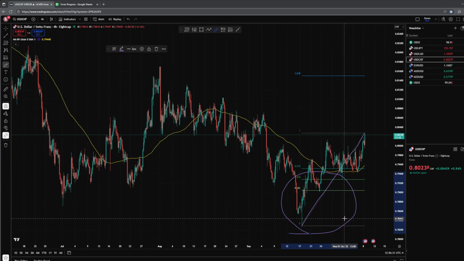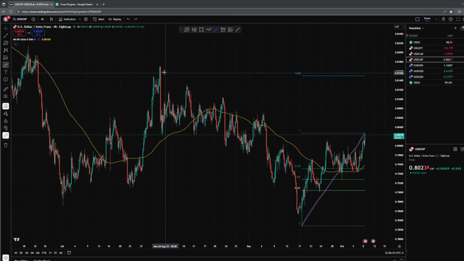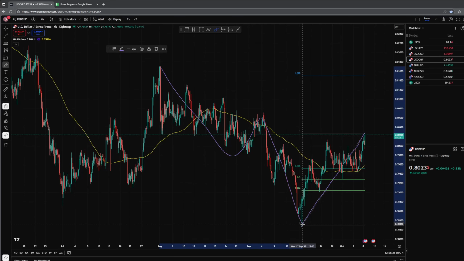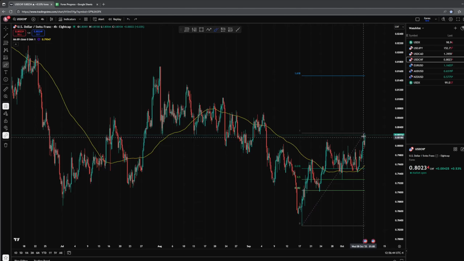So that means the market is still faking out. Overall trend is down like this, market is faking out, and USD is not strong against Schweizer franc. So we have conflicting stories right now. That means we're not gonna force any trade.